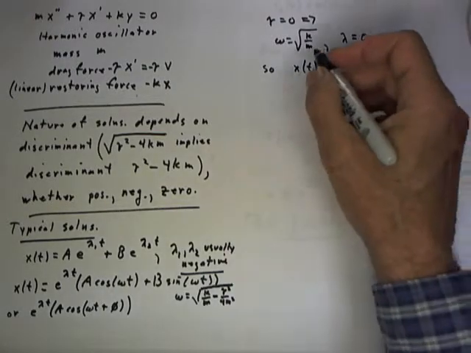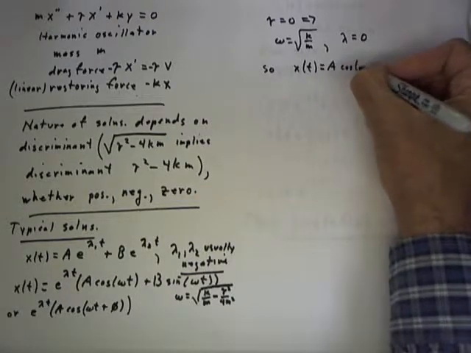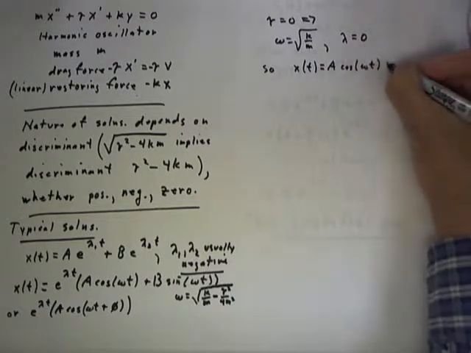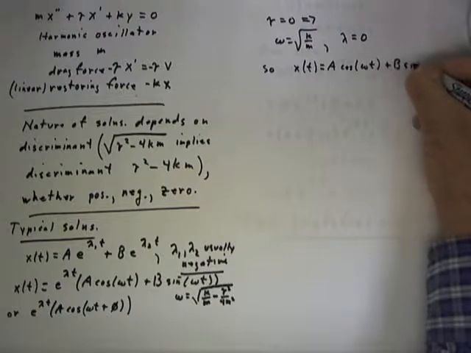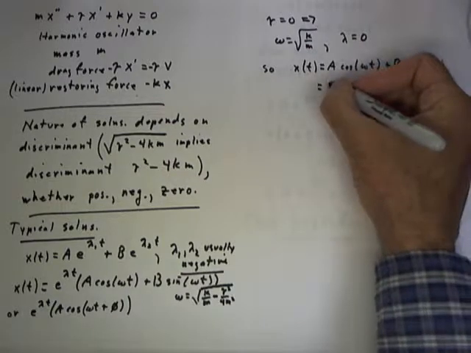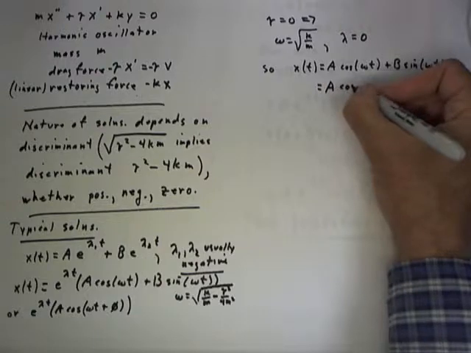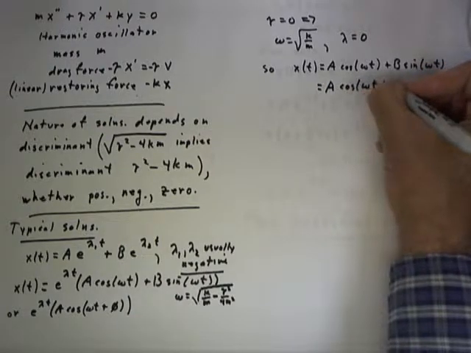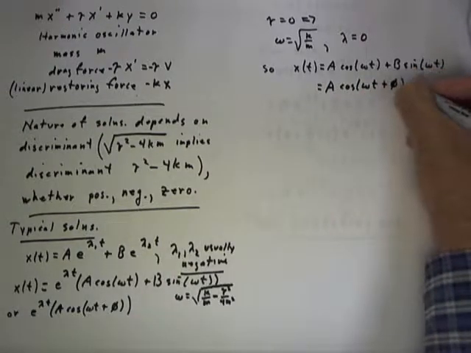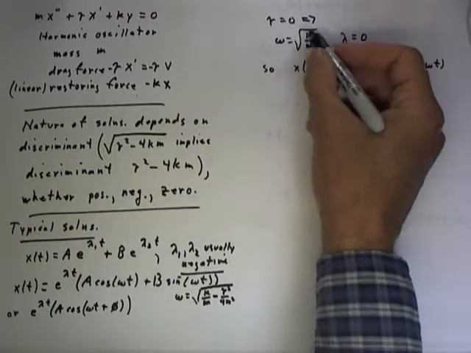In any case, our solution will be either x(t) equals a cosine ωt plus b sine ωt, or combining these using trigonometric identities, the form would be a cosine of ωt plus φ. And this would be a free oscillator with no damping.